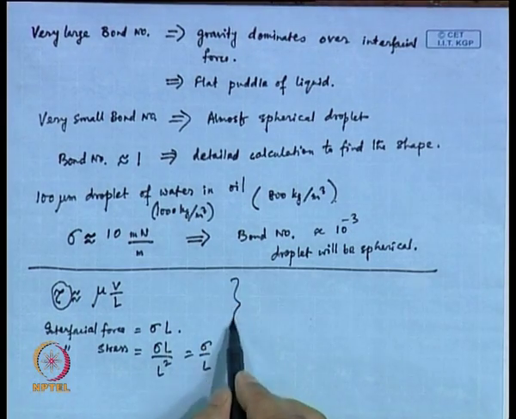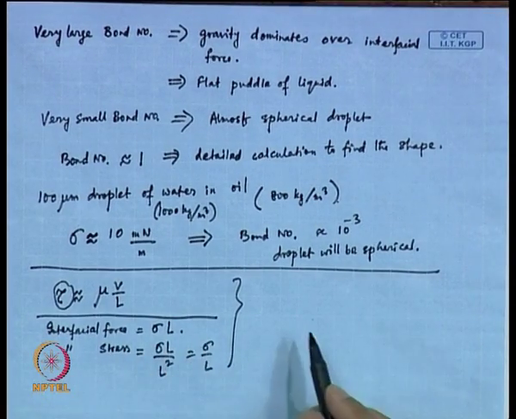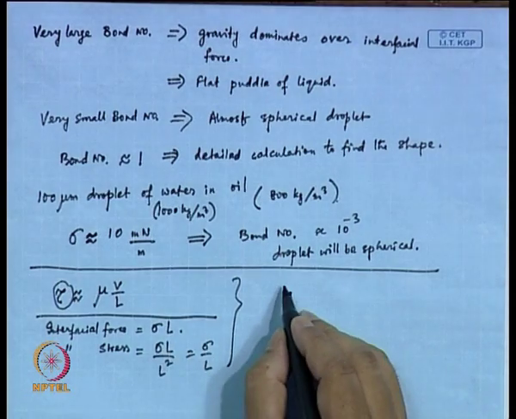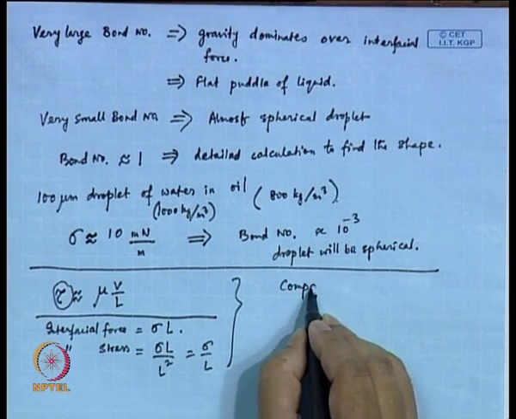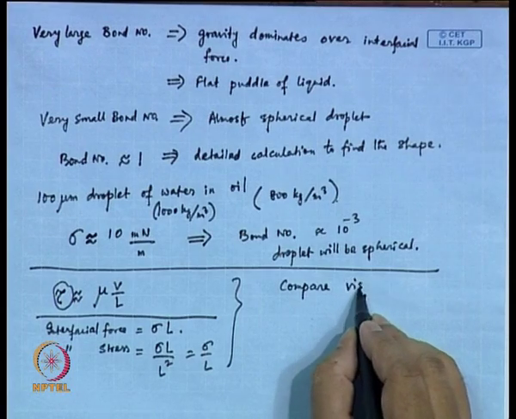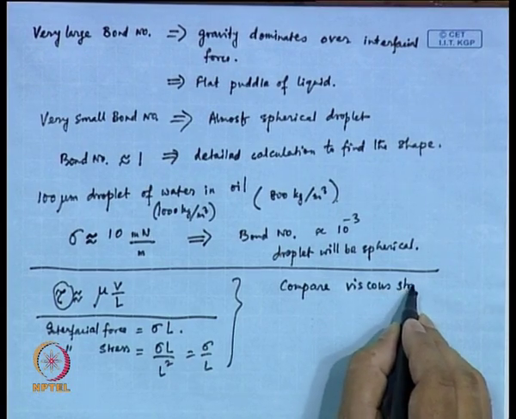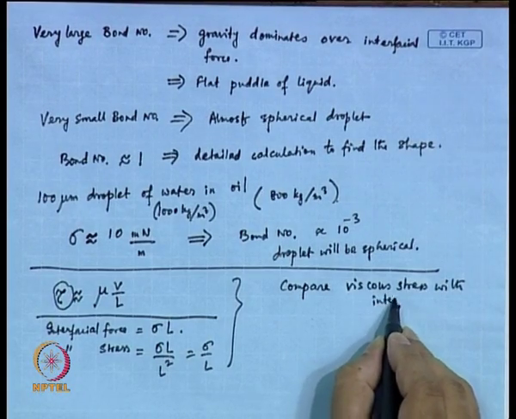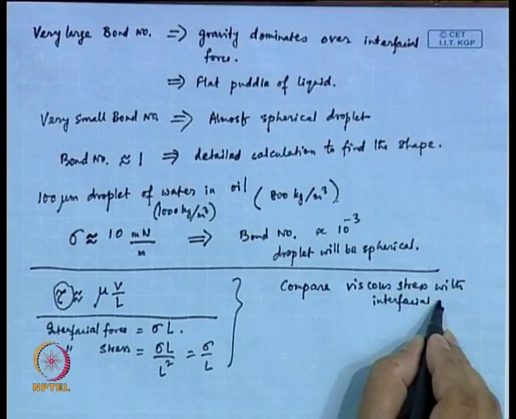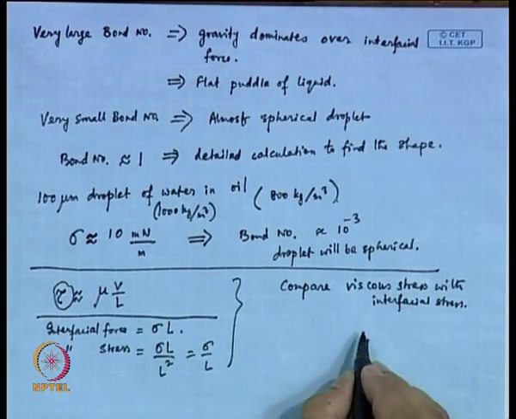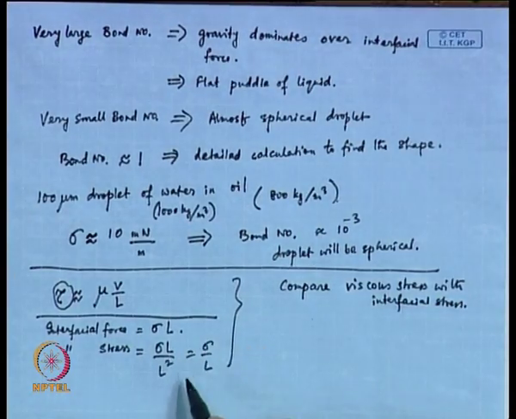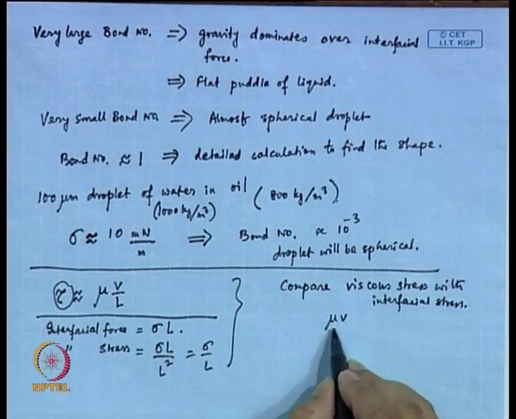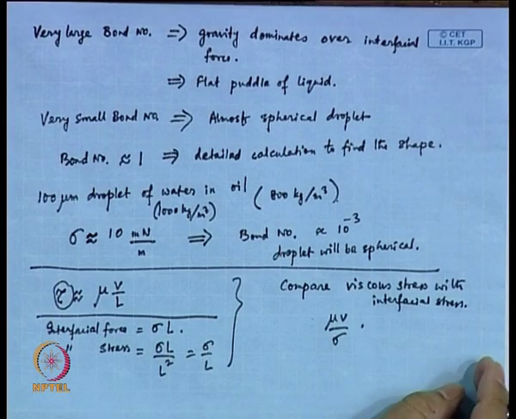So, if somebody wants to compare viscous stress with interfacial stress, then this would be equal to mu v by L divided by sigma by L. L cancels out, and so invariably you end up with mu v by sigma.